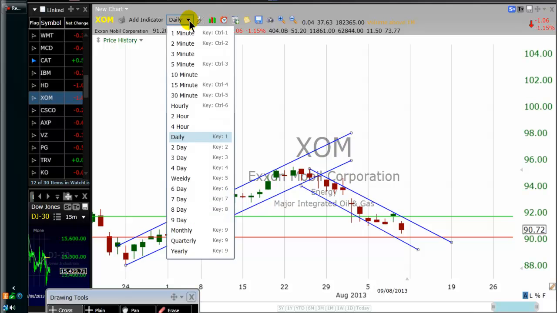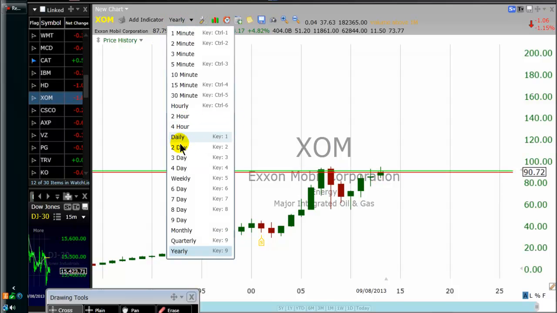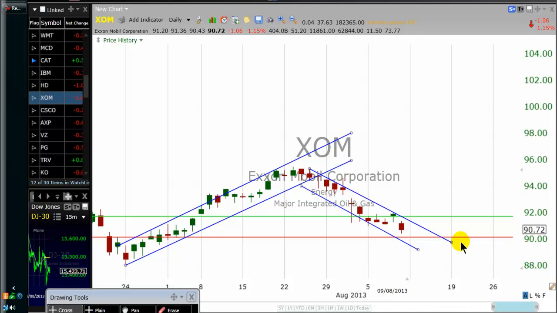Go to the yearly chart. This is the bigger picture. See what is taking place. The price is at a very important resistance level. If I go back again to this, you can see that the difference between the short-term equilibrium price level and the long-term equilibrium price level is not too big.